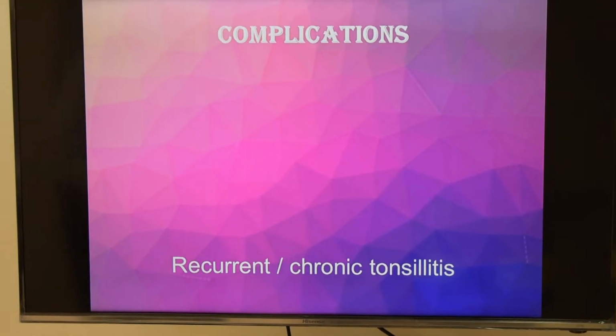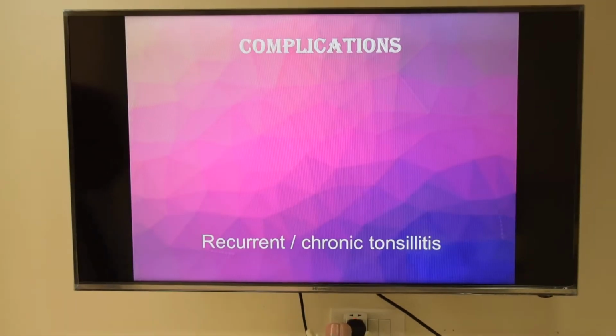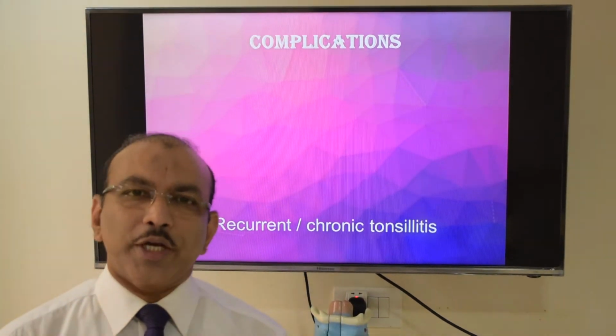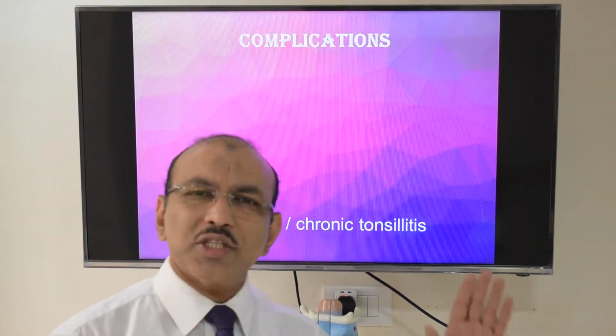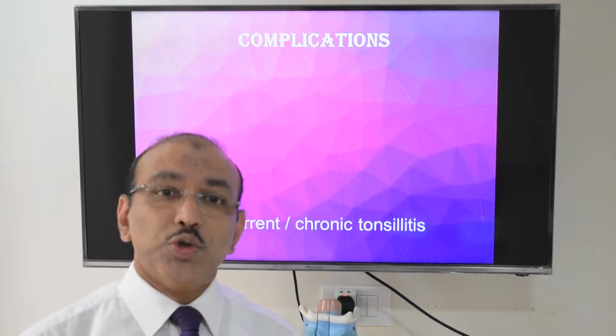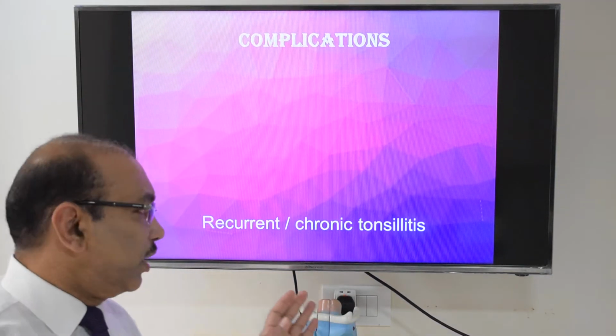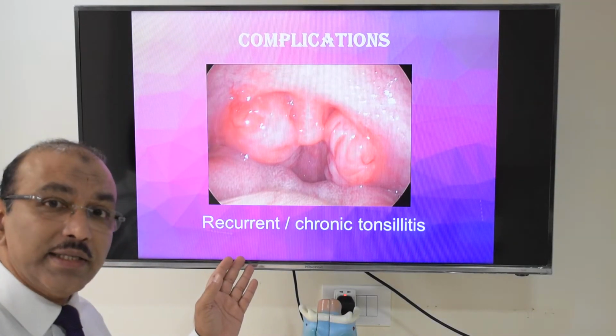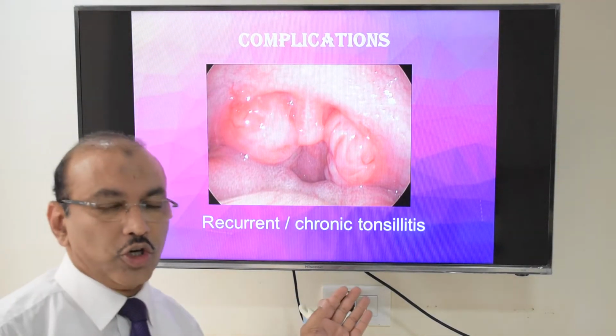Now let us come to the complications. Why are we giving so much importance to acute tonsillitis? Because it has so many complications which we need to prevent. Acute tonsillitis can lead to recurrent tonsillitis or chronic tonsillitis.